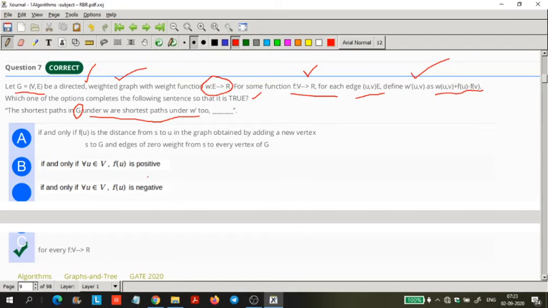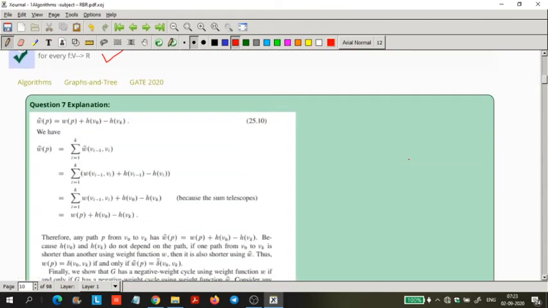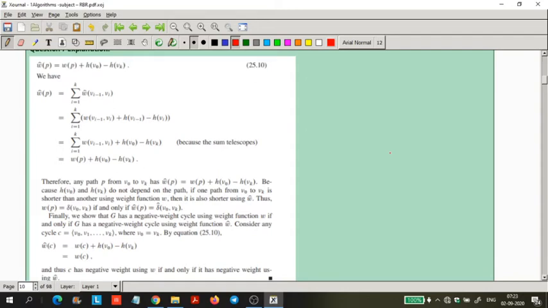So the correct answer is: for every function f from V to R. Here the solution is given. The w dash of p is equal to w of p plus h of v naught minus h of vk.